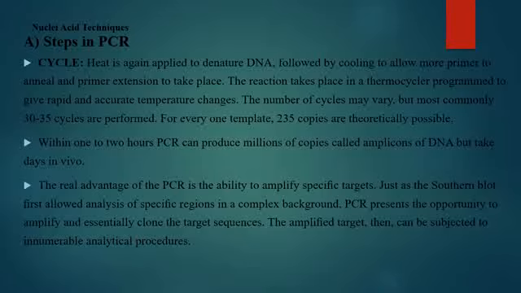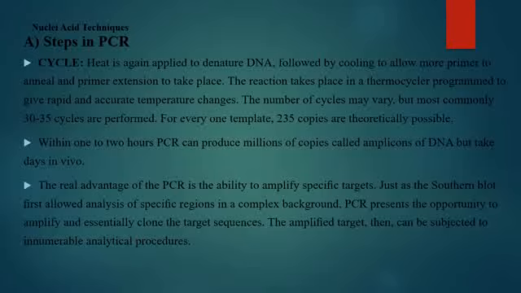Now, this reaction takes place in a programmed system which we call the thermocycler. Now, this is programmed to give rapid and accurate temperature changes because the PCR procedure is a chain reaction. That is the name, polymerase chain reaction. So the polymerase action, the DNA polymerase, occurs in a chain.